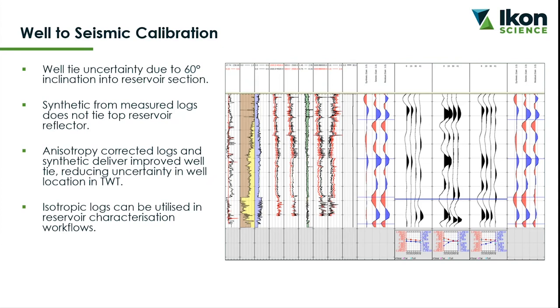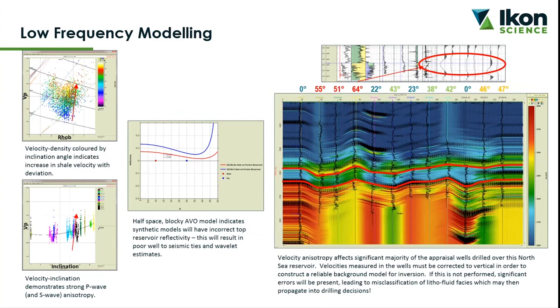Thinking more about inversion, if we were to take lots of wells in an appraisal setting and use those wells to construct a low frequency background model, again, we can suffer from the impact of anisotropy. So I've posted the inclination of each of the wells from left to right across the 2D section shown on the right-hand side.